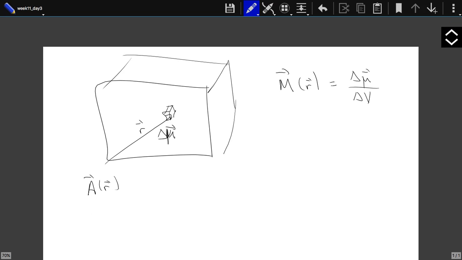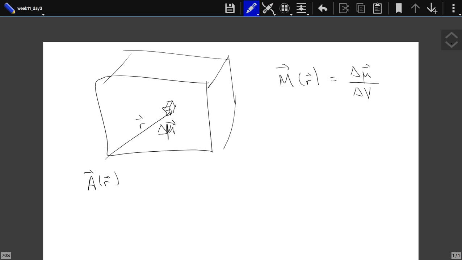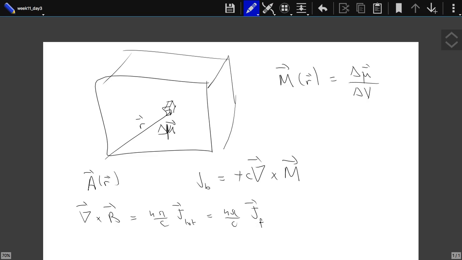At the end of the day, we saw that this magnetization behaves like a current density, given by the curl of M. So the curl of B, which was 4 pi over C times the total current, just became 4 pi over C times the free current plus this bound current.